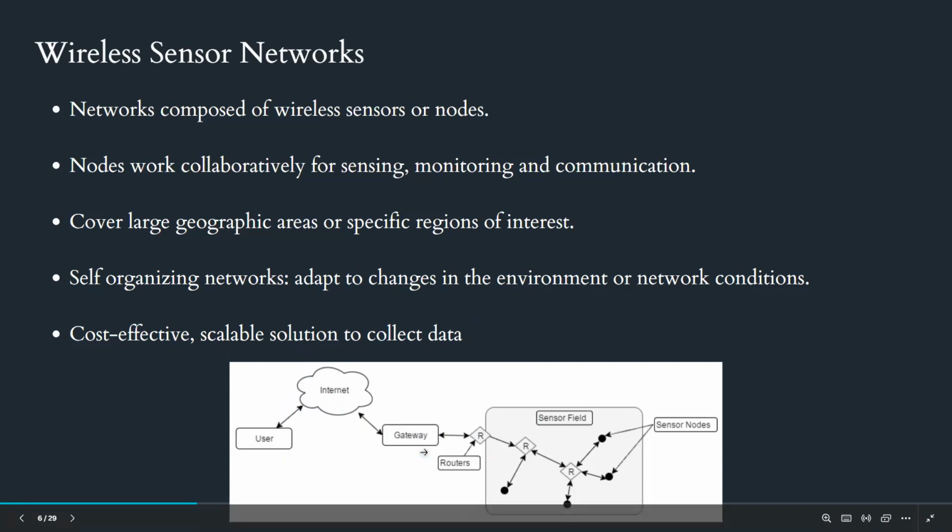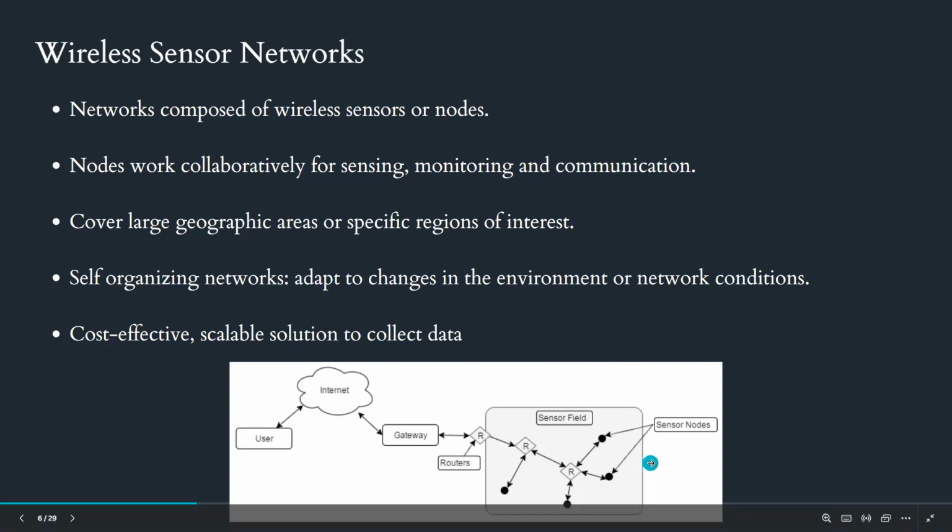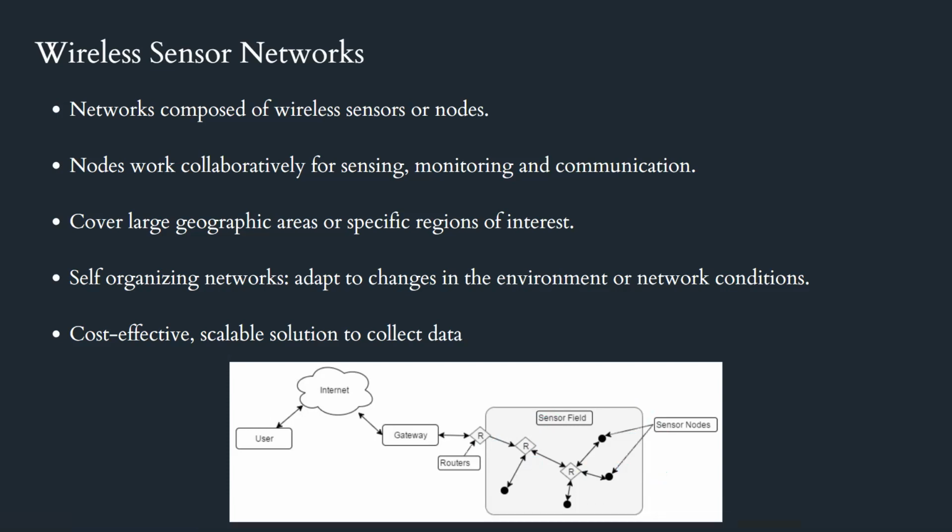In the transmission part, we have to consider the energy efficiency of the transmission and those kinds of limitations of the environment. If this is a wireless sensor network, sometimes we have to use different protocols to enable the communication and make sure that the communication we make is received at the destination.